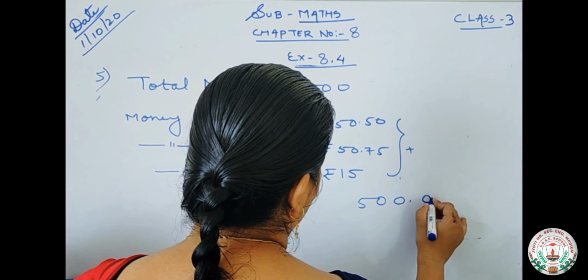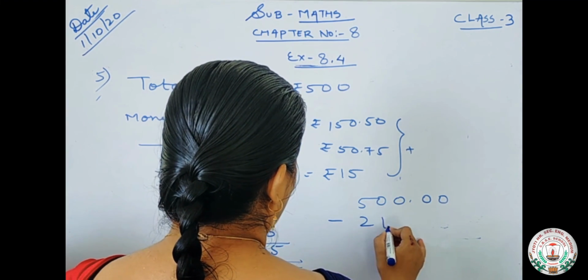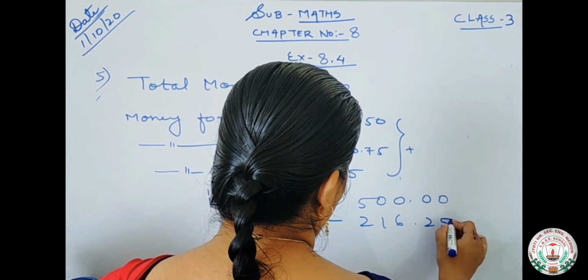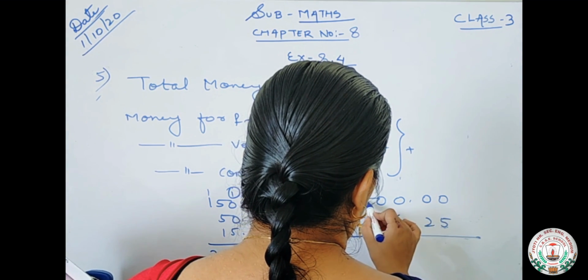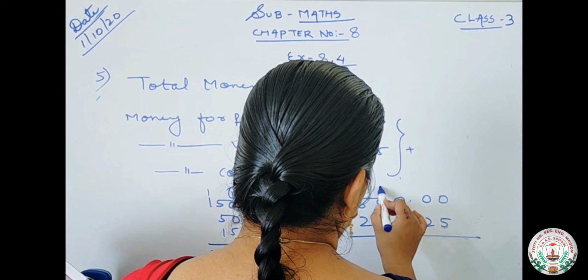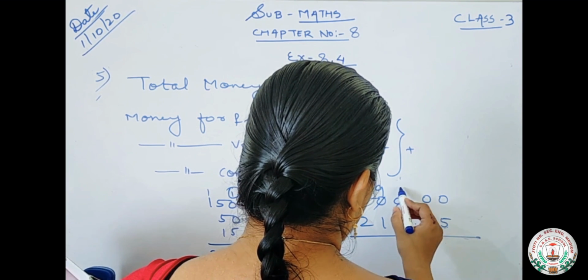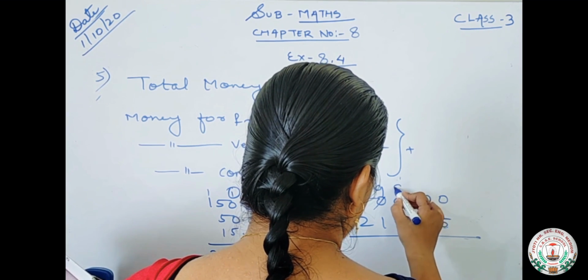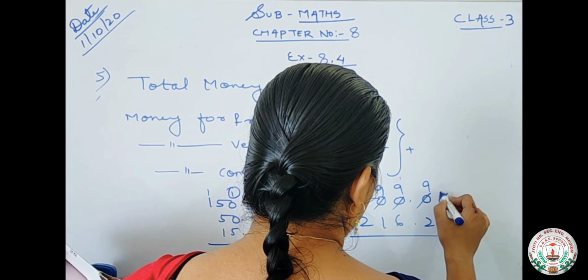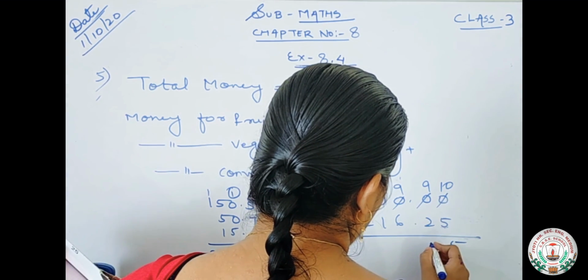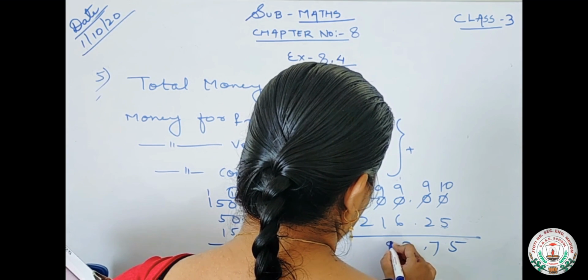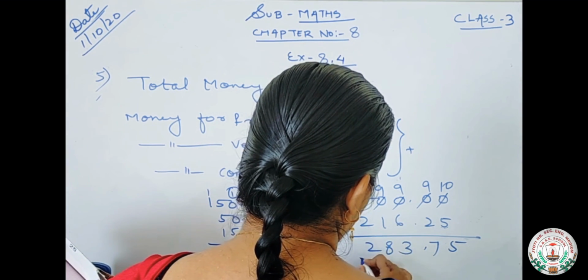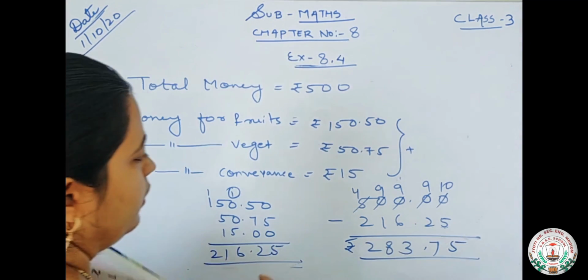You will subtract from the total amount. Here 5, 4, 9. Here 9, here 9, here 10. 5. 9 minus 2 is 7. 9 minus 6, 3. 9 minus 1 is 8. 4 minus 2 is 2. So this much amount is left.